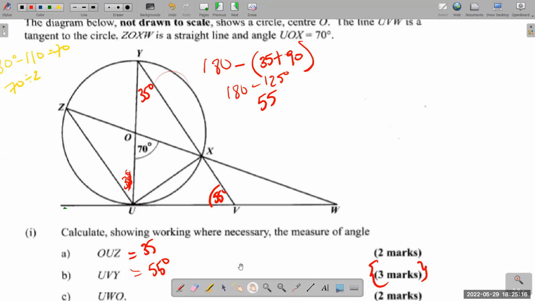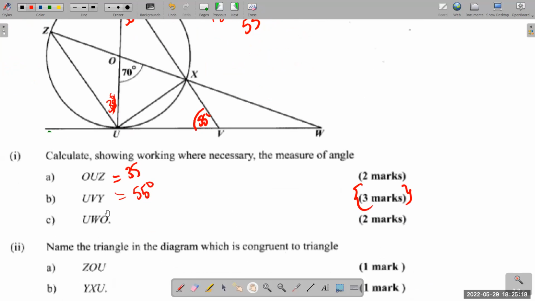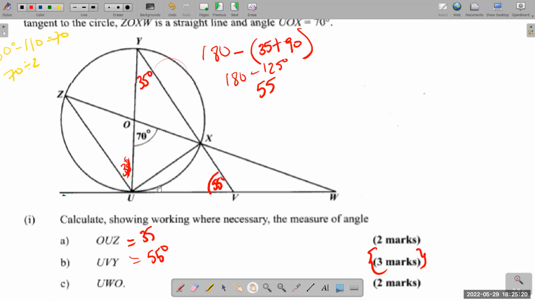All right, second to last one, UWO. Where is that? UWO. That's easy again. Why is that easy again? That's another right angle triangle, right or wrong? UWZ. Oh, sorry. That isn't easier because they don't give us the 2 angles. This one is 70 and this one is 90.